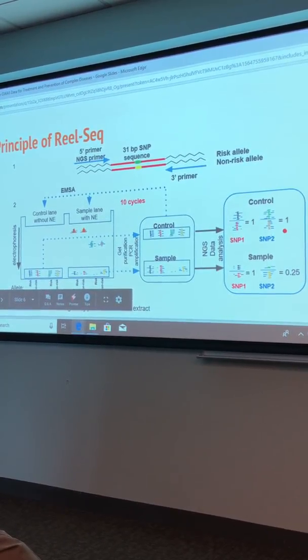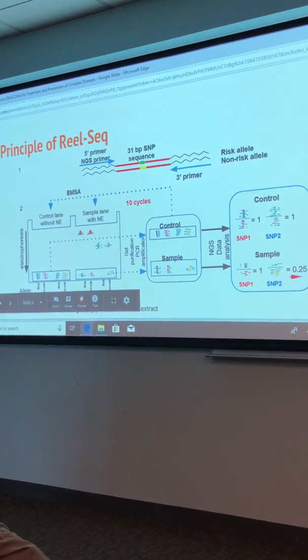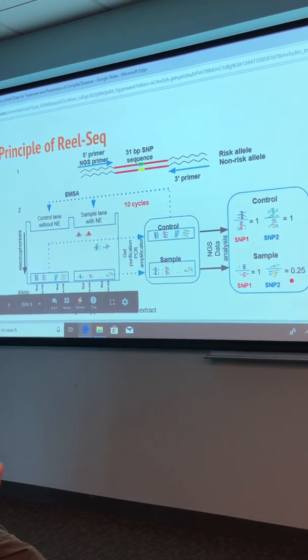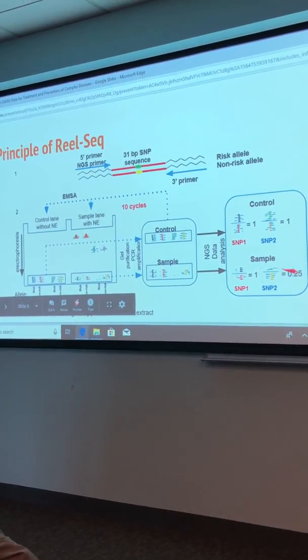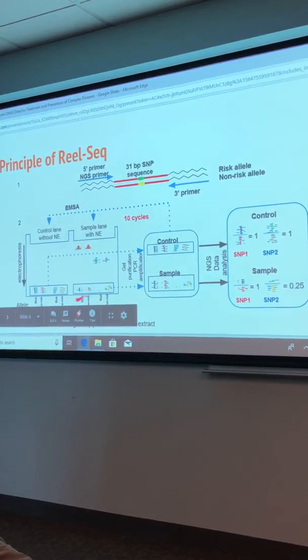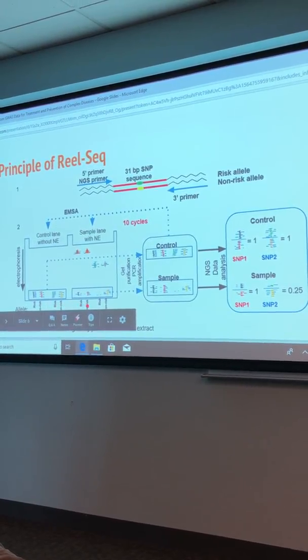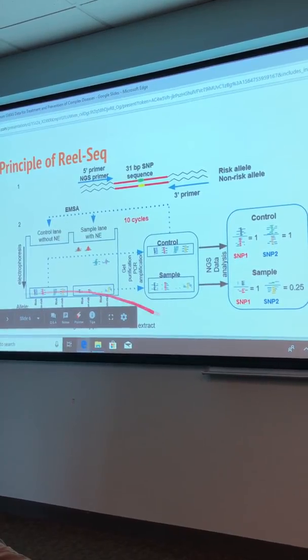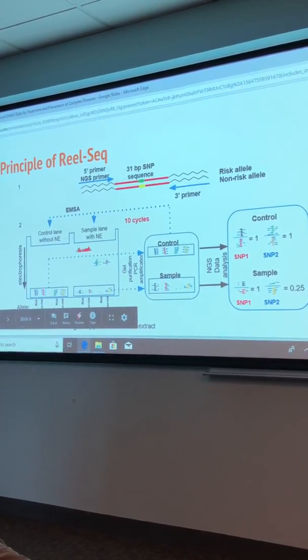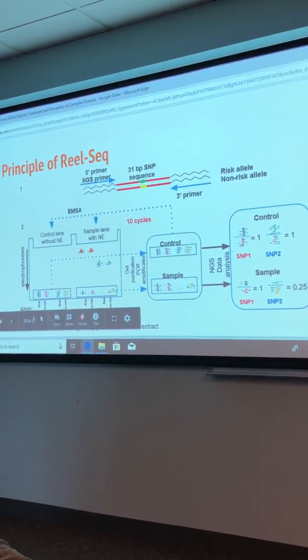But if the ratio is different, however, so in SNP2, the ratio was 1 to 0.25 in the sample to control, therefore, since the ratios are different, we can say that SNP is functional. And here down here we have risk, non-risk, risk, non-risk, risk, non-risk. These are just the regulatory proteins in nuclear extract. It says that down here, but this thing is blocking it.